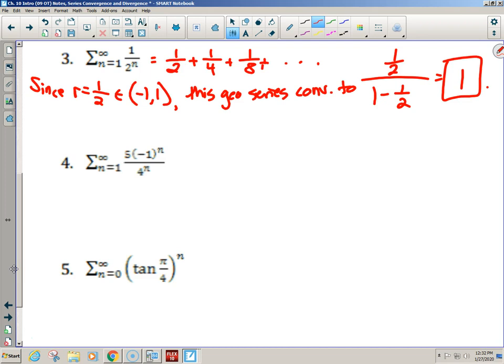5 times -1 to the nth term all over 4n fourth fraction. So 1 term is yes, Abby. Whoa! 5 over 2. So that's 5. Oh. So what do you think the common ratio is? -5 over 16?